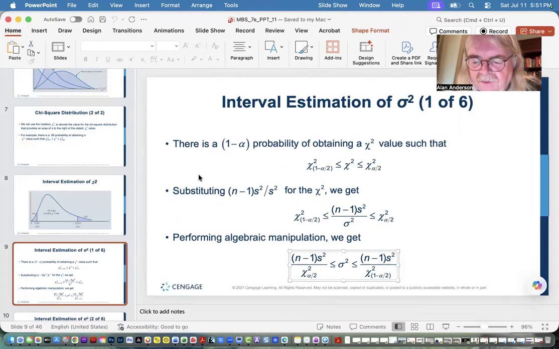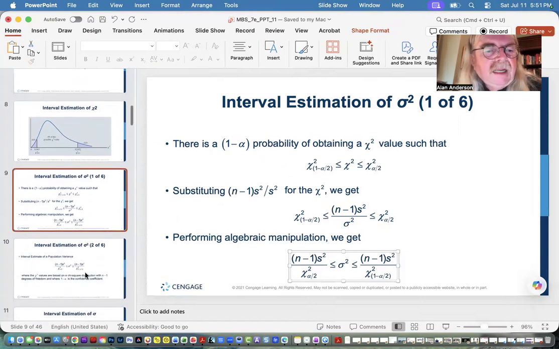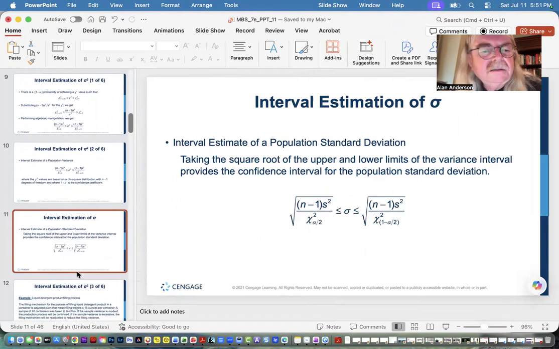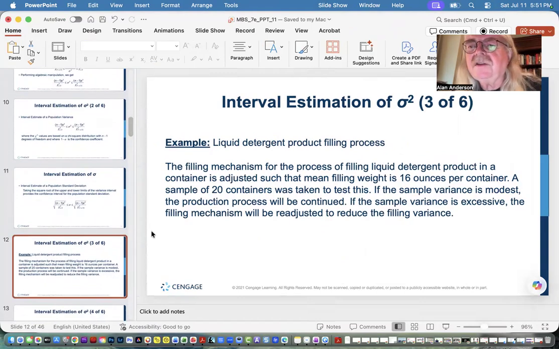Okay, now, I think they have an example waiting for us. Yes, here it is. So we did this the last time. Let's look at it one more time. We have liquid detergent bottles being filled. Let's say this is Procter and Gamble, and we want to make sure that the bottles are being filled correctly.